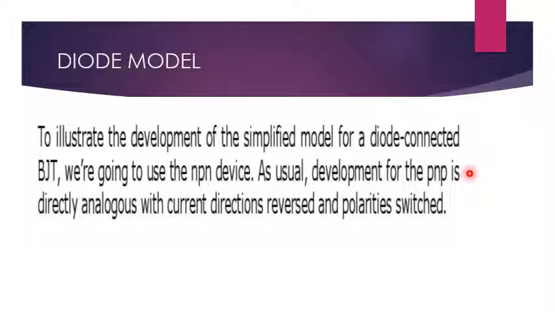So first let me start with the diode, how I am going to replace a diode with a resistance. This anyway you have seen in the small signal model, but let me teach once again. To illustrate the development of the simplified model for a diode connected bipolar junction transistor, we are going to use the NPN device.